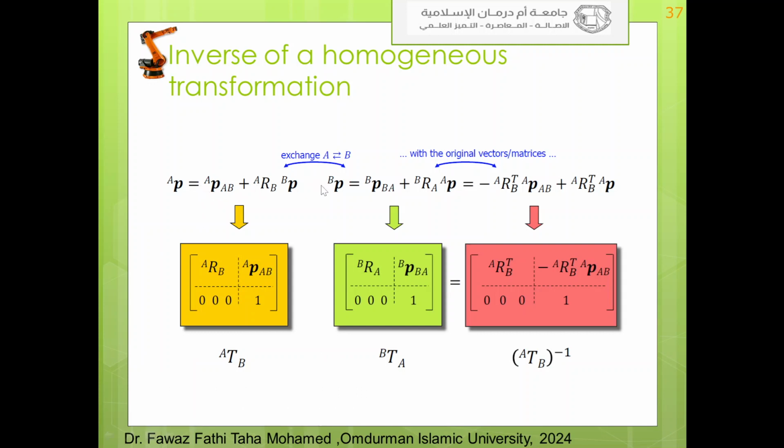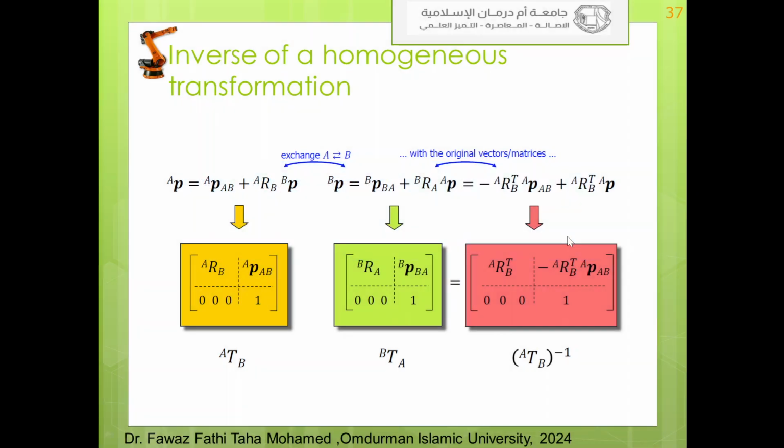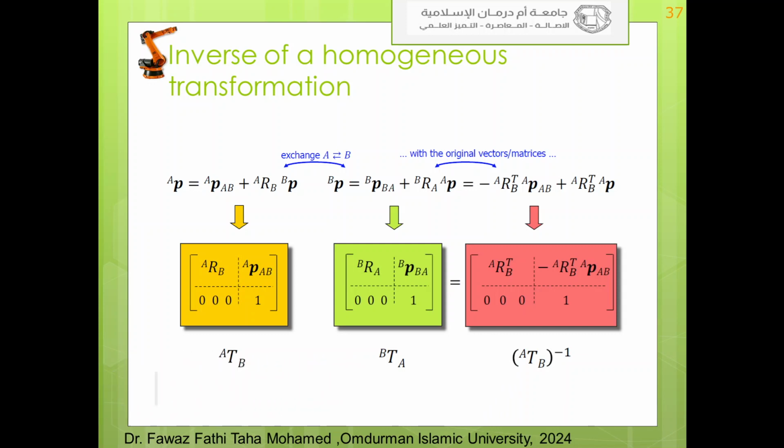In the same way, PB is equal to the vector P with respect to A multiplied by the rotation matrix plus the translation vector between the two frames, but here it will be from B to A.